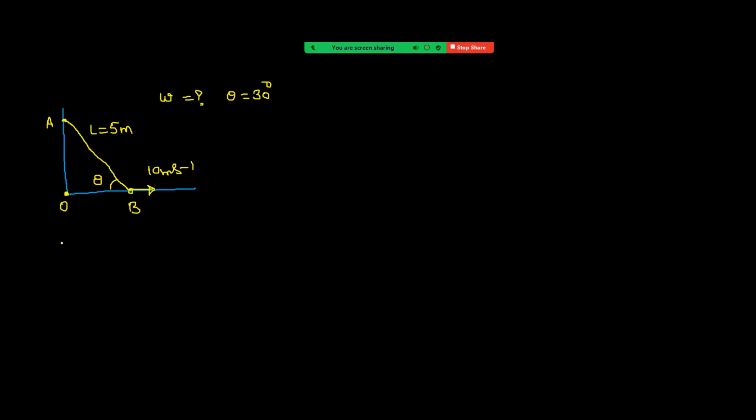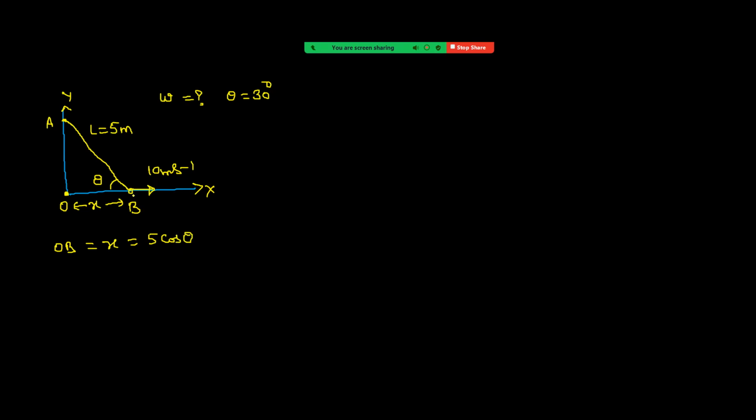We can write OB, taking this as the x-axis and this as the y-axis. OB I'm taking as this distance equal to x. What is the x coordinate of point B? It is equal to L cos theta, that is 5 cos theta, right?